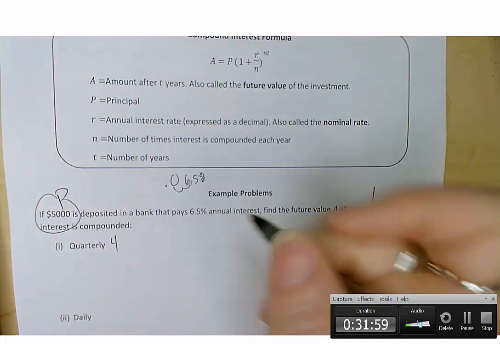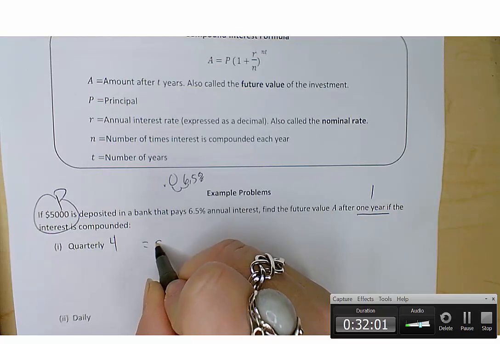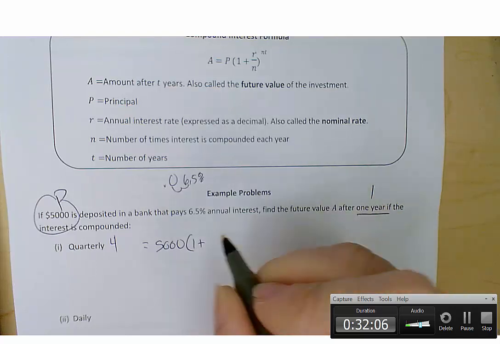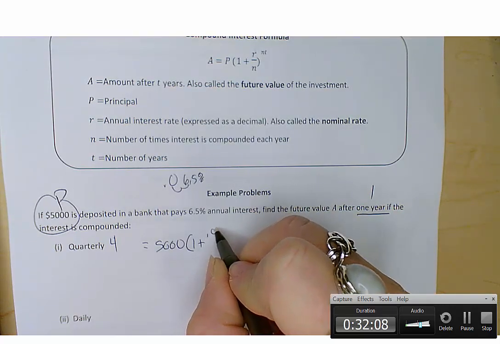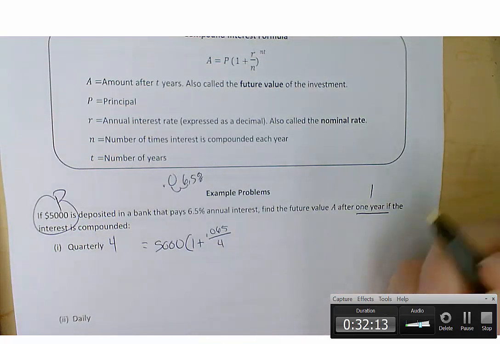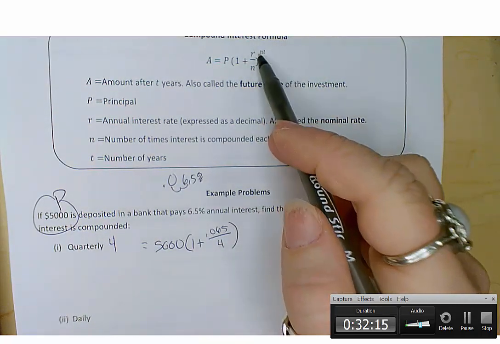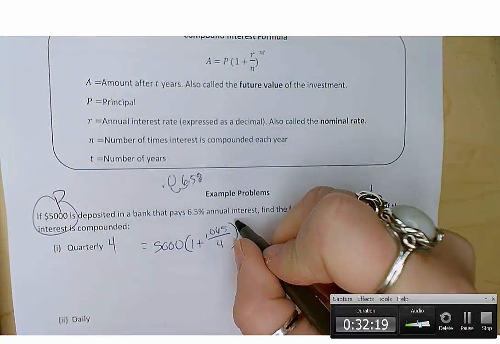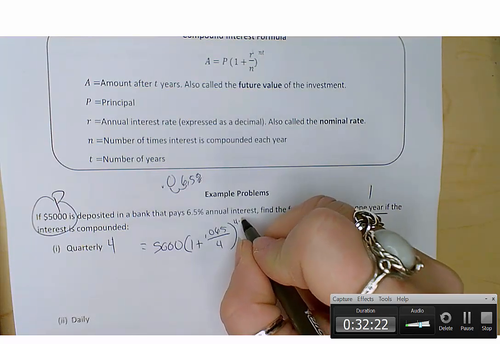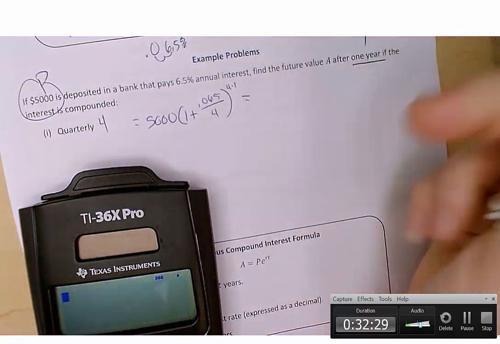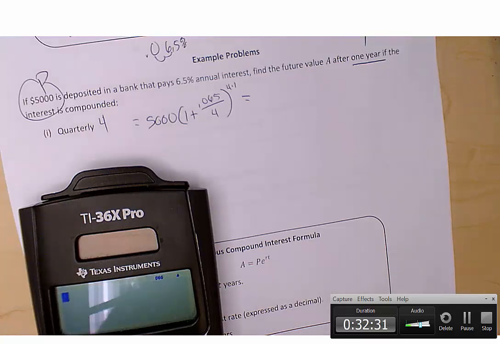So let's plug into that formula. This is going to look like our principal, which is 5,000, open your parentheses, 1 plus your rate, which is 0.065 over n, and we're compounding 4 times here. That's going to be raised to the n times t power. So n is our 4, t is a 1, so that's really just to the 4th power there. Now, I like to simplify this just a little bit before throwing it all into the calculator.